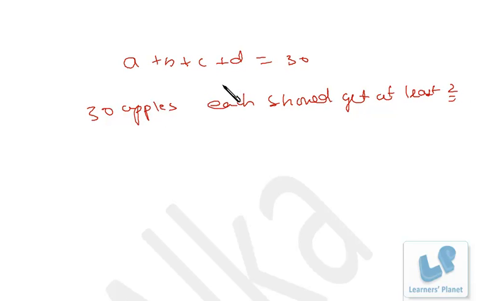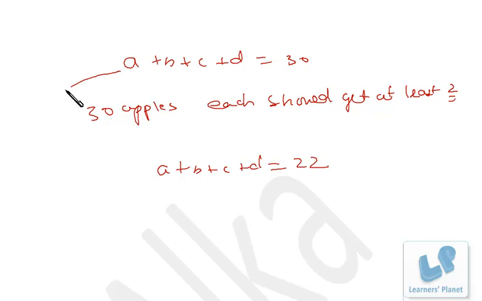Now what will we do? We will distribute 8 apples before anything else, right? 2 apples to A, then B, then C and D, right? So 8 apples are already gone. Now we are left with just 22 apples, right? Now if anybody of them or two of them or three of them, even if they are getting 0 apples, then also no problem, because they already have 2 apples, because we have already given them the 2 apples, right?